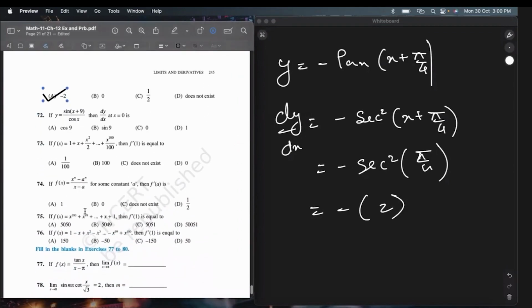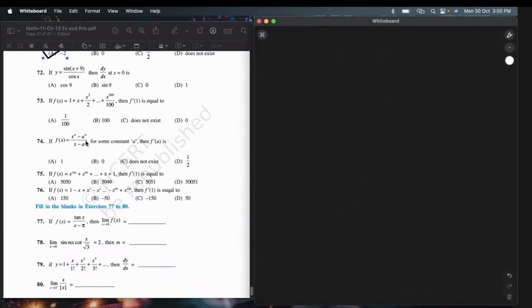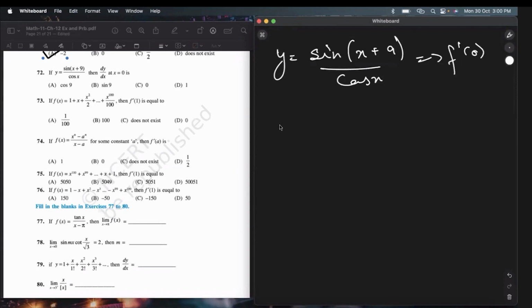Now let's just hop on to the next question. See, in the next question, what has been given to me is the value for y is sin of (x plus 9) divided by cos of x. Now, what we have to do is find dy by dx at x equal to 0. So basically, what I can do is open up this sin (a plus b).